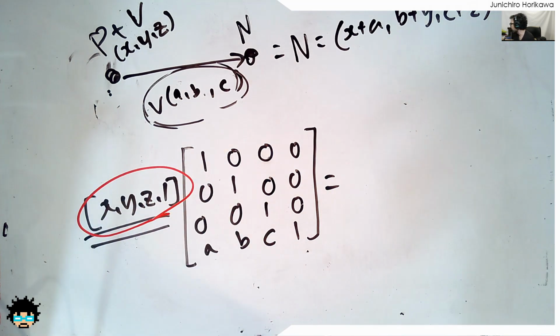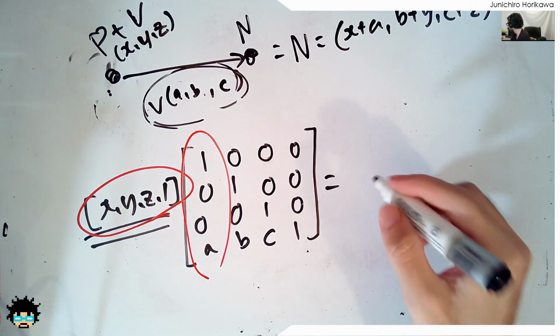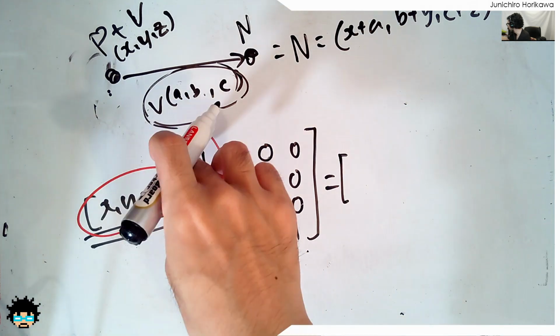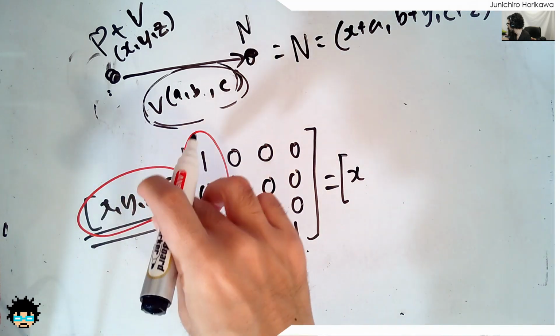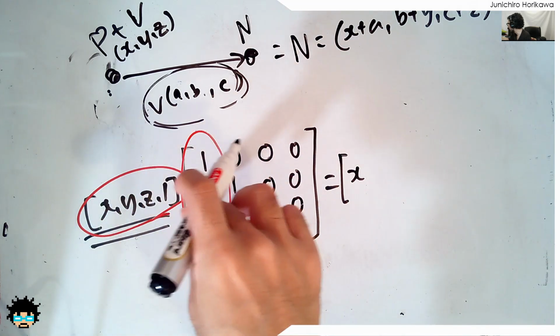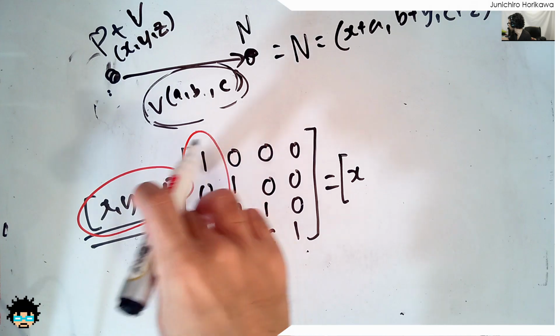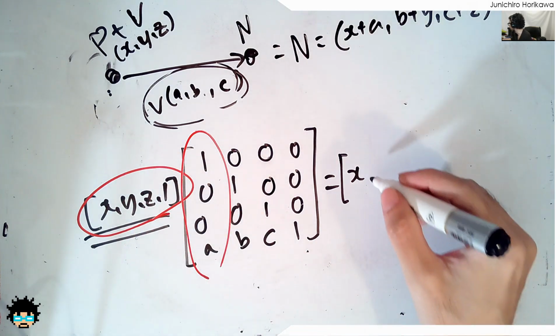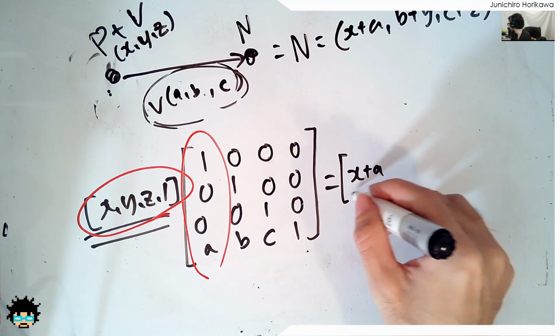So this will be the first row, and this will be the first column, which is going to be the X value. So let's see. X plus 0 plus Z multiplied by 0, and 1 multiplied by A, so plus A for the first one.